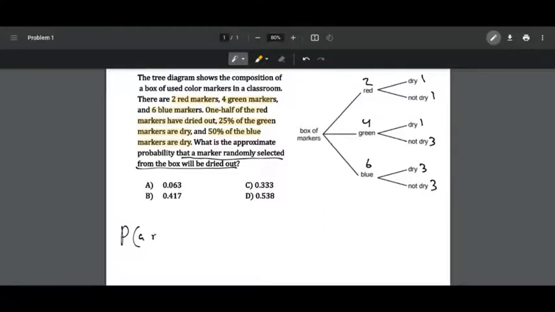A marker randomly selected from the box will be dried out.